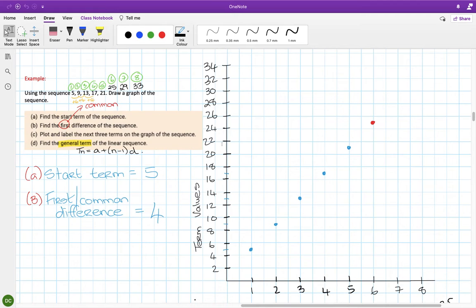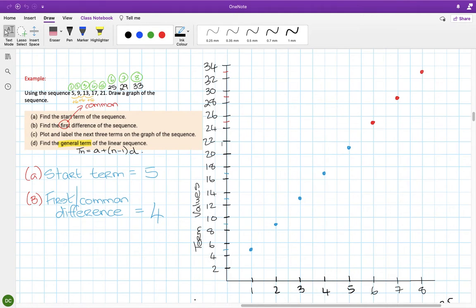That's in between 24 and 26 there. The 7th one is 29. So that's there, in between 28 and 30. And the 8th one is 33. So 33 is here, which is halfway between 32 and 34.